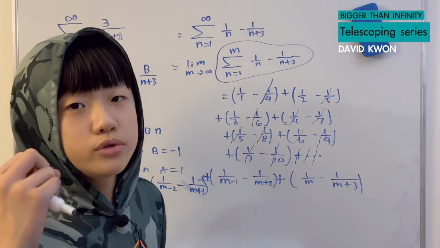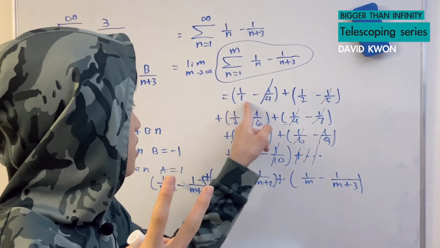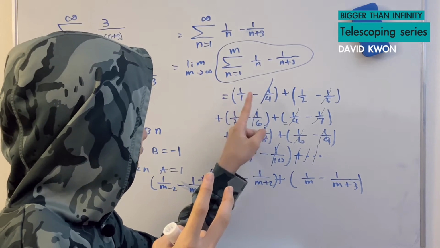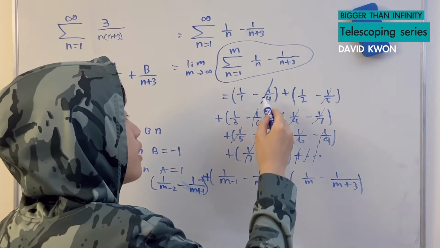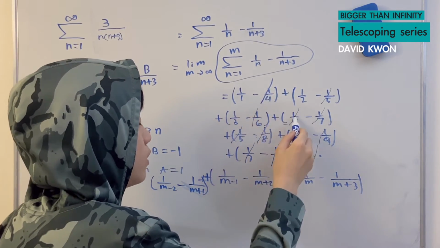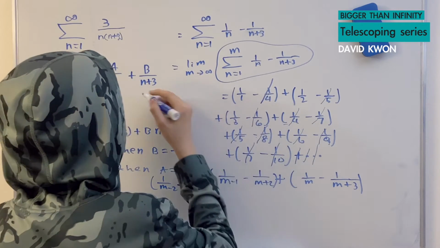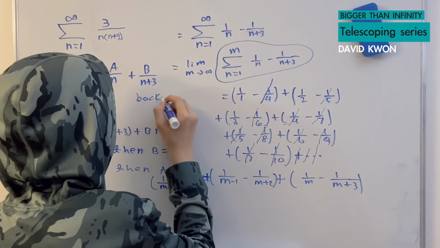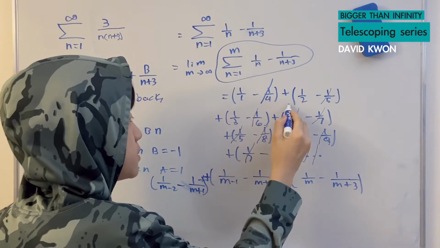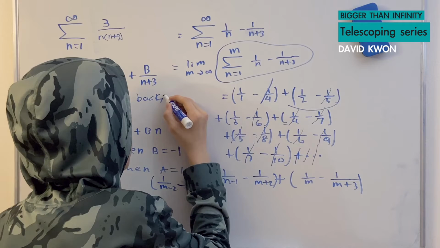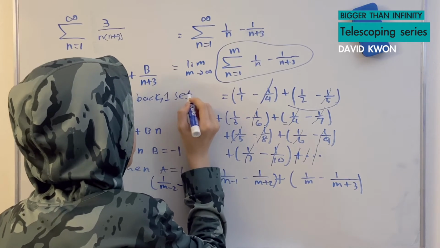As I said, there are two placements that a set can have, which are the front number and the back number. How we canceled off negative 1 over 4 and 1 over 4 was from our set number 1, using the back number. So the back number skipped one set, so we will just put one set.